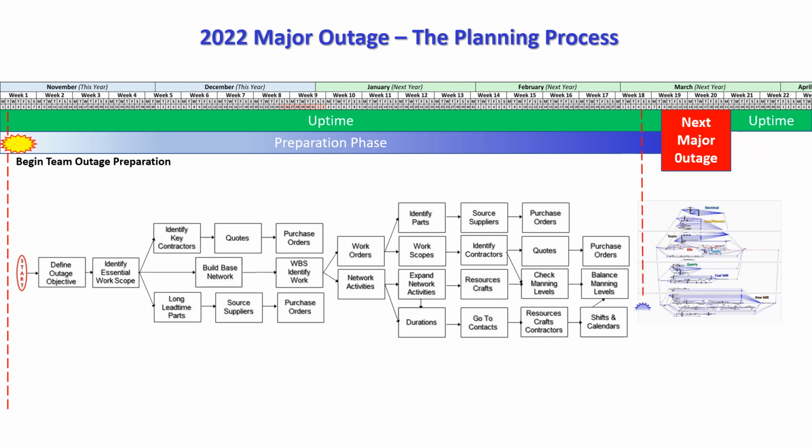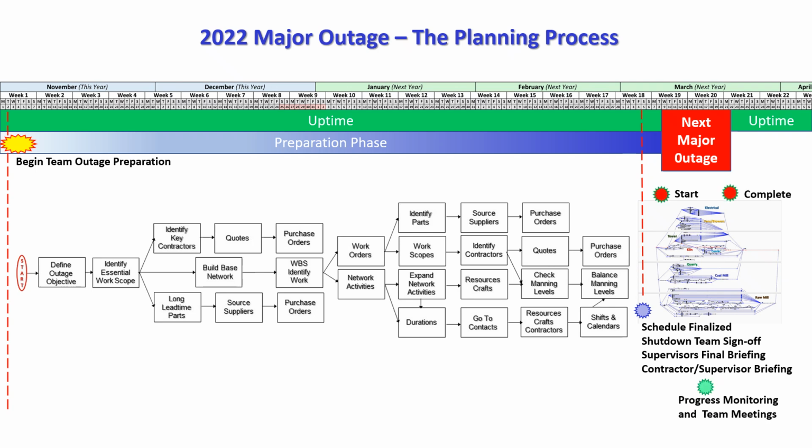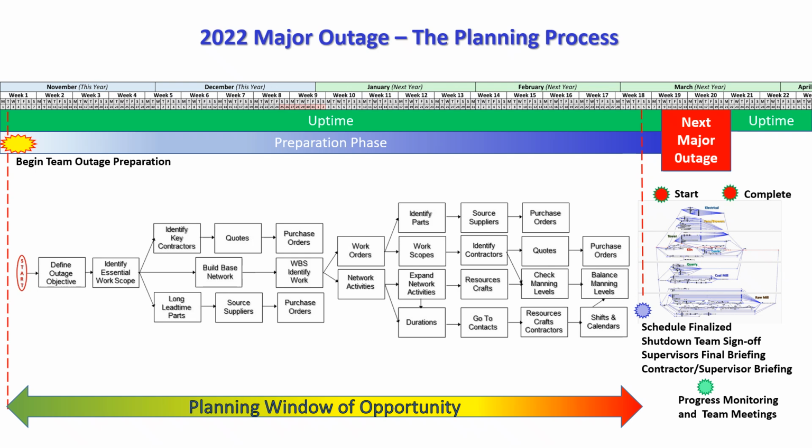And all of this has to be complete about a week before the outage begins, so that we can have the outage team sign off, conduct a supervisor final briefing, and have a final briefing with contractors and their supervisors as well, so that we can start the outage on time, monitor progress, and complete as planned and scheduled. And all of this has to be done during the planning window of opportunity.